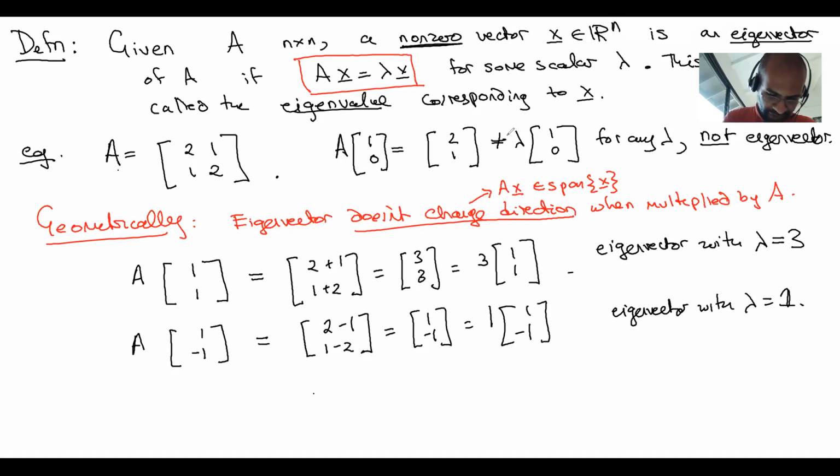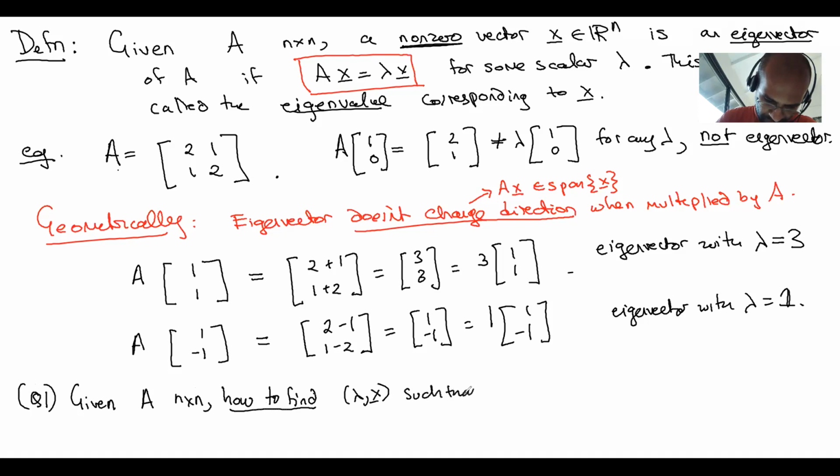So we're going to study two questions in this lecture. Let me write down the two questions. One was the question that was just asked, which is, given a matrix A that's n by n, how do you find pairs lambda and x such that the eigenvector equation holds? That's the first question.